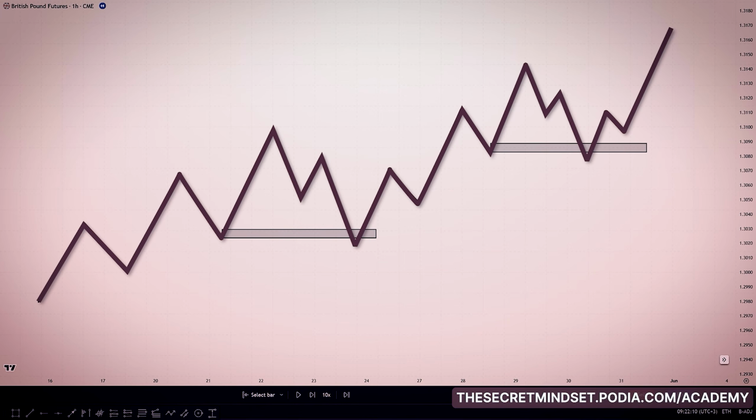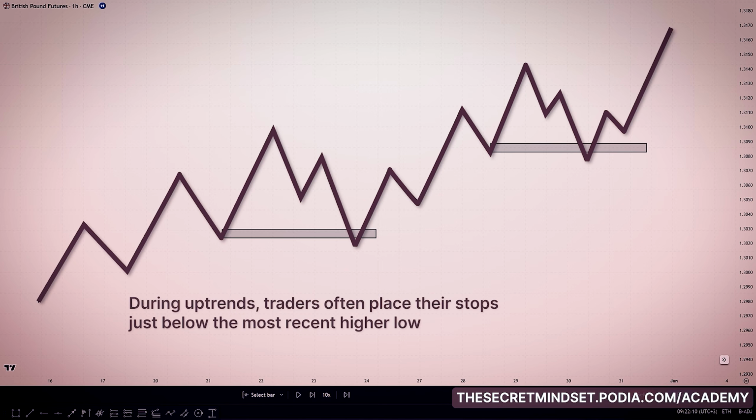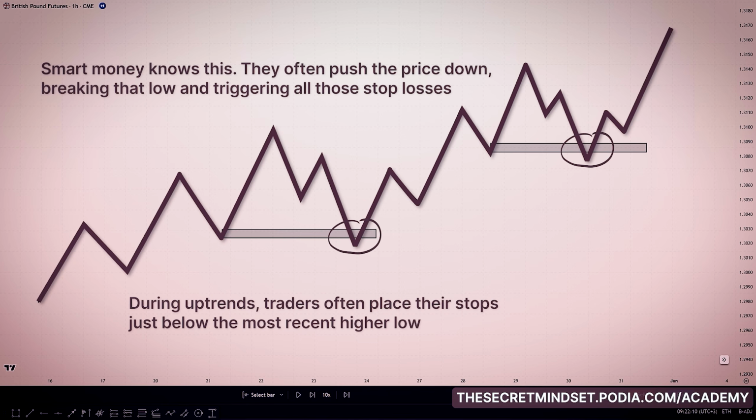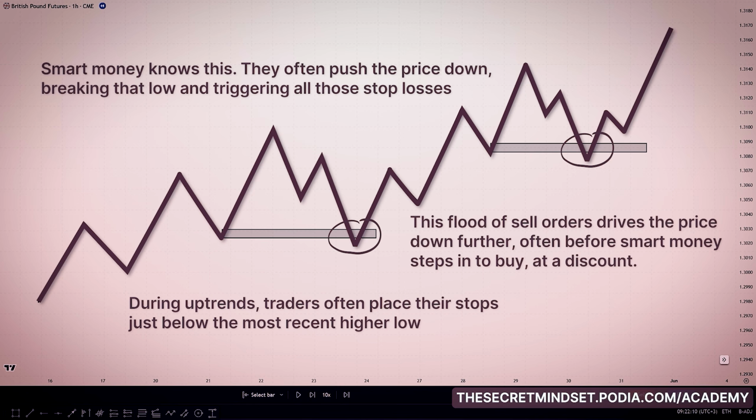Let's say we have a strong uptrend with a series of higher highs and higher lows. Traders often jump on these trends, placing their stops just below the most recent low. And smart money knows this. They often push the price down, breaking that low and triggering all those stop losses. This flood of sell orders drives the price down further, often before smart money steps in to buy at a discount.